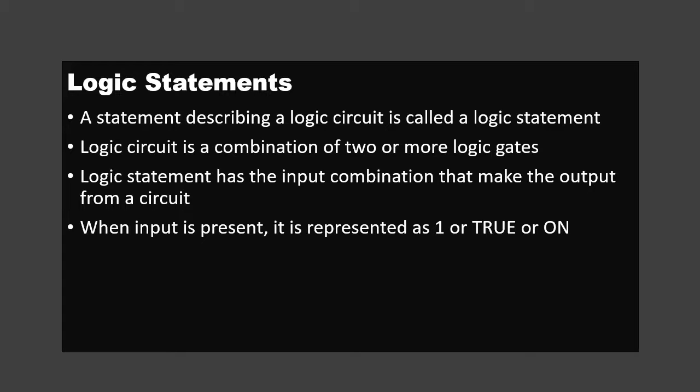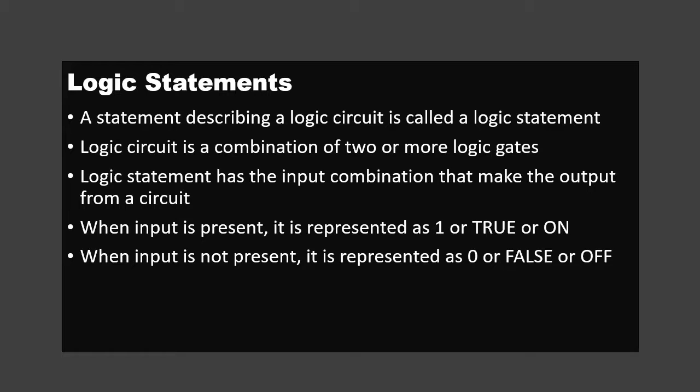We also say it as an ON state. When the input is not present, it is represented as 0 or false or off. Although we don't say this much, this is for your basic understanding. We mention when the input is present, when it is true and when it is on, as well as we mention the value as 1.